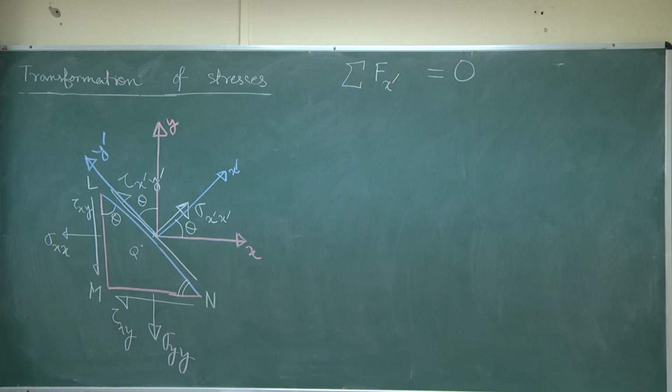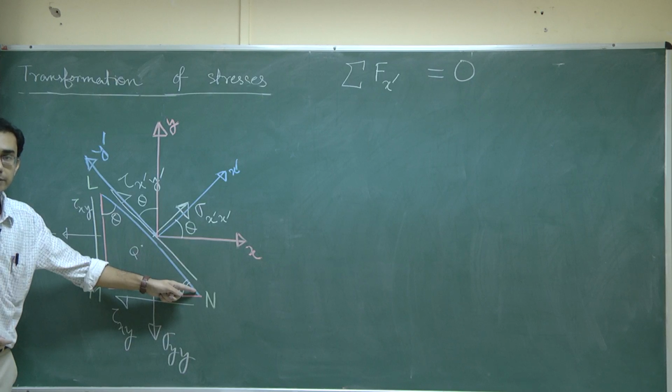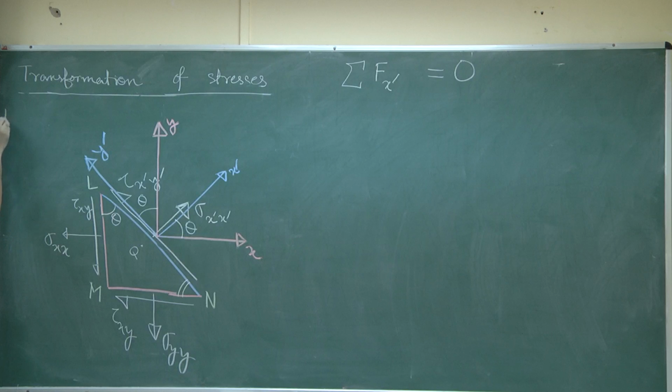So, what we will say is that this face represented by the edge LN, let this have the area A. The moment we understand that, we can immediately write that LM, the face which is represented by the edge LM, will have the area A cos theta.